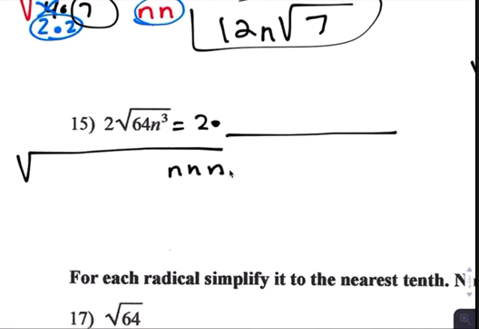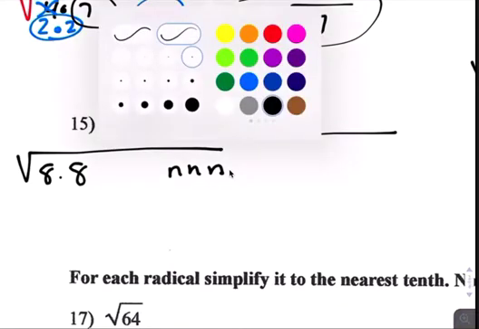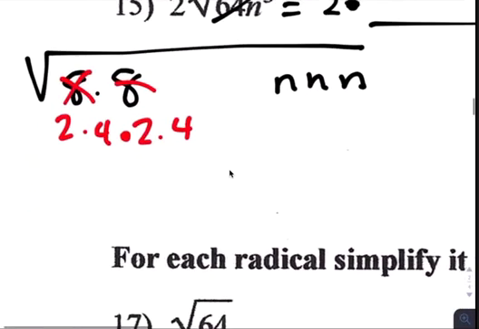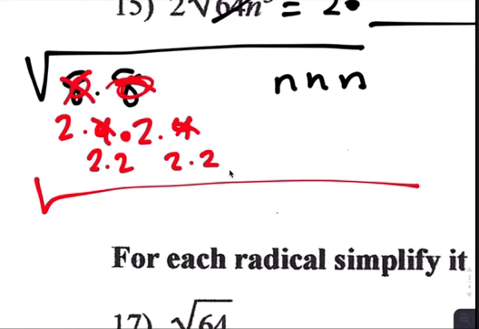is 3n. 64 is 8 times 8. Okay, and then that can be broken down 2 times 4, 2 times 4. This can be broken down as 2 times 2, 2 times 2. So basically, let's write it all out on the things we don't need.